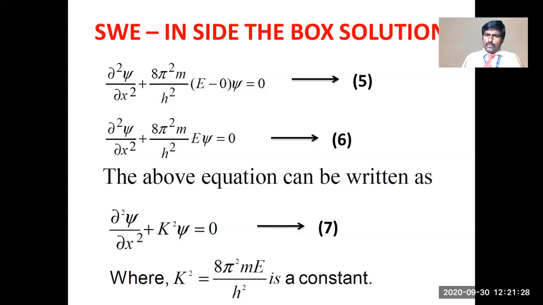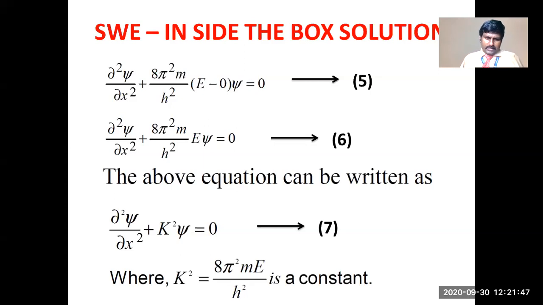So now we have to find out the solution for psi. That is the next step. Now k square is equal to 8 pi square mE by h square, which is a constant.